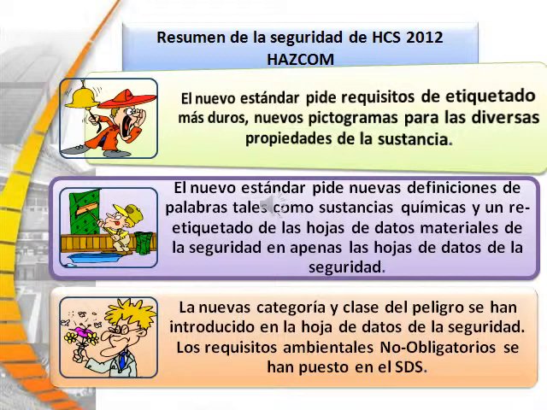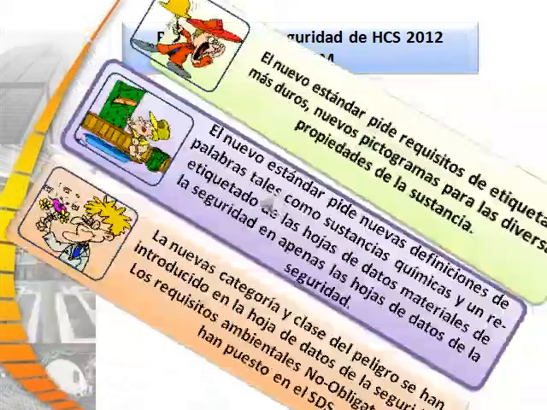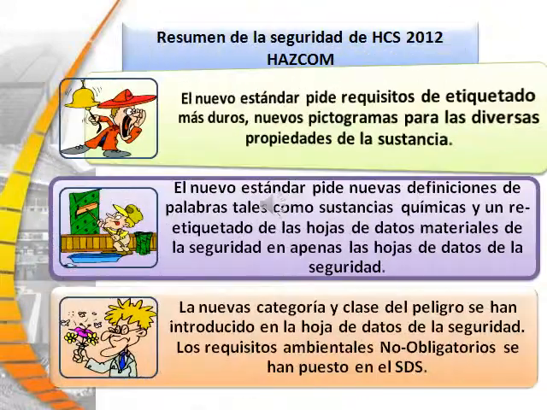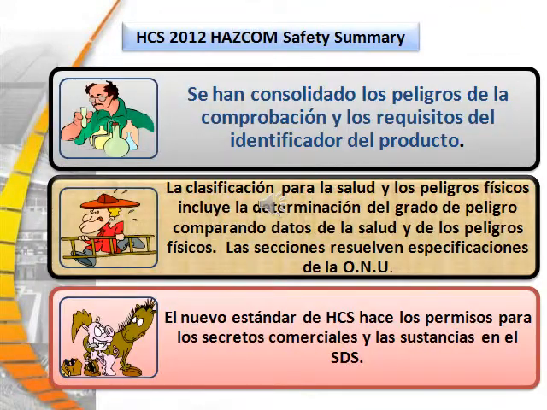Non-mandatory environmental requirements are now on the new SDSs. The physical hazards and product identifier requirements for the safety data sheets have been strengthened. A new classification for health and physical hazards, including the determination of the degree of hazard by comparing the data of health and physical hazards.